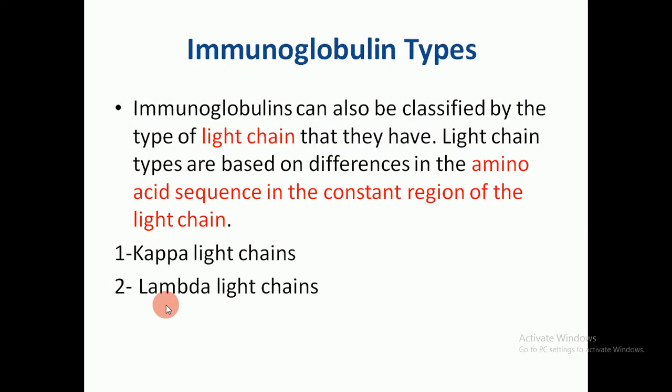Immunoglobulin types: immunoglobulins can also be classified by the type of light chain that they have. Light chain types are based on differences in the amino acid sequence in the constant region of the light chain: kappa light chain and lambda light chain.